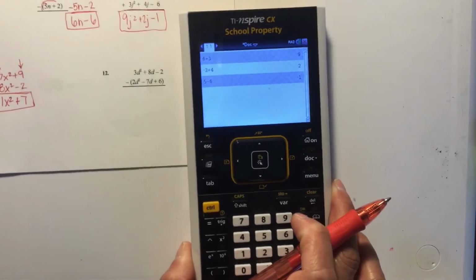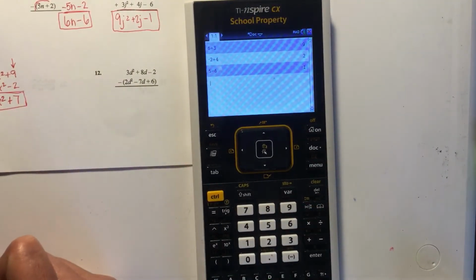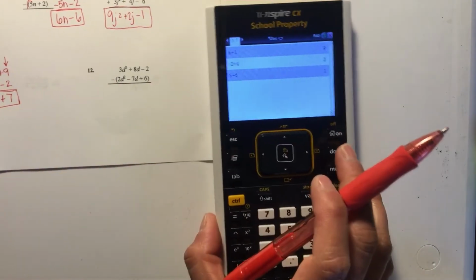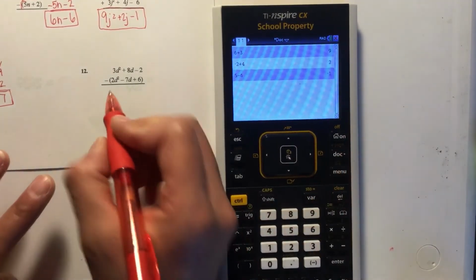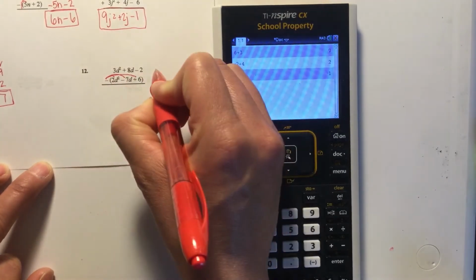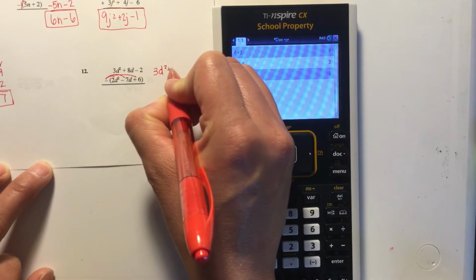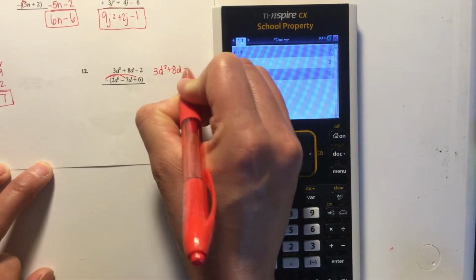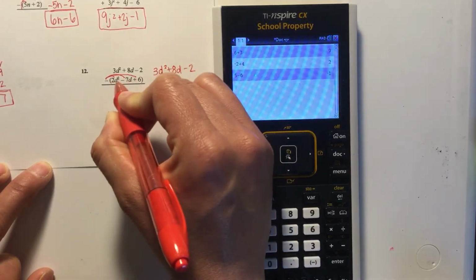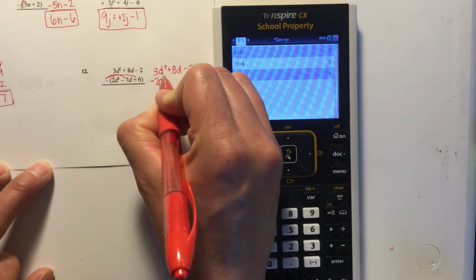Number 12. You have 3d squared plus 8d minus 2, and then you have subtraction. Again, for subtraction, you distribute the sign to each term inside the parentheses. So the top stays the same, 3d squared plus 8d minus 2. This bottom piece is going to change. You're going to have a minus 2d squared.